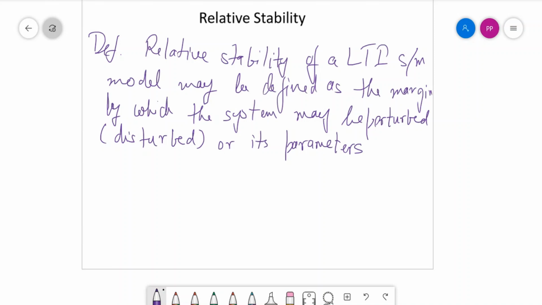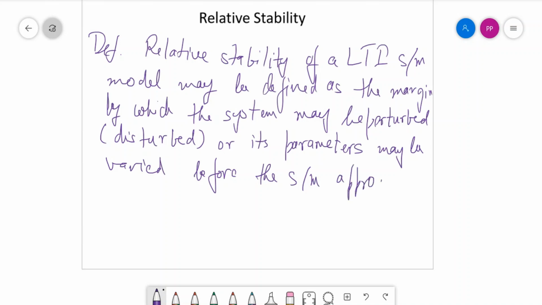Parameters could be the coefficients or the stability parameters. It can be a wide range of parameters. So its parameters may be varied before the system approaches the verge of instability.